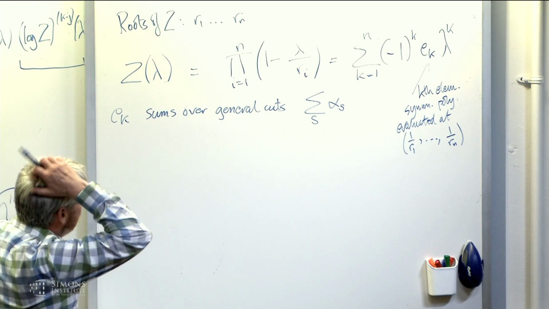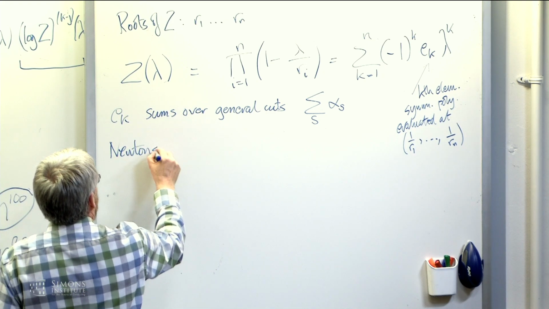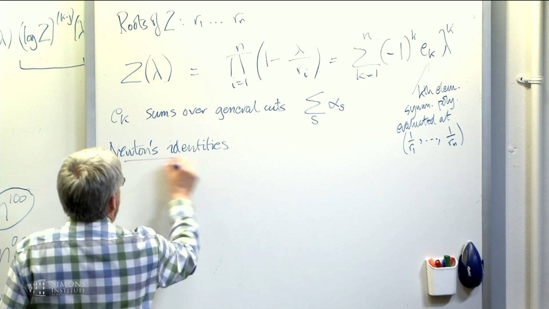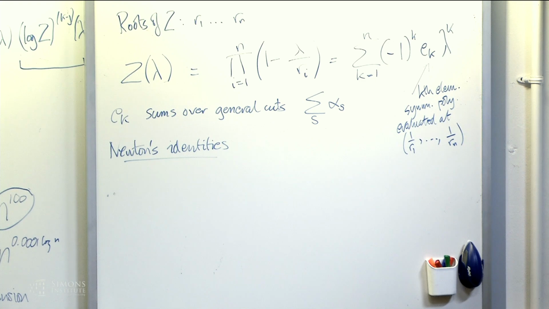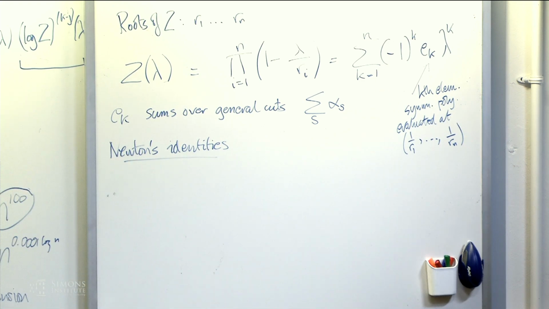Now the idea is to use Newton's identities to relate the EK to the power sums of the roots.